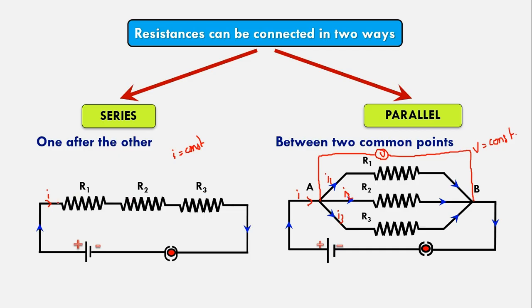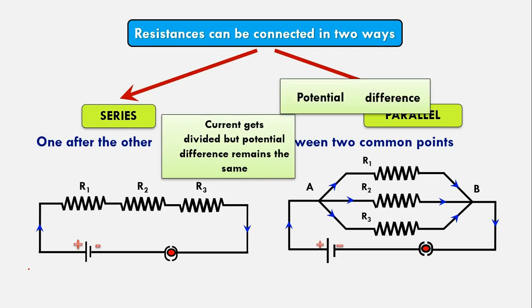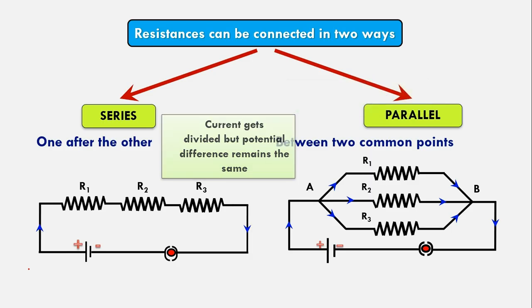Whereas in the series connection, the voltages are V1, V2 and V3; voltage is not constant, it is variable. So current is constant in series. In parallel, current gets divided but the potential difference remains the same. That is nothing but the voltage drop, which we can say is constant.